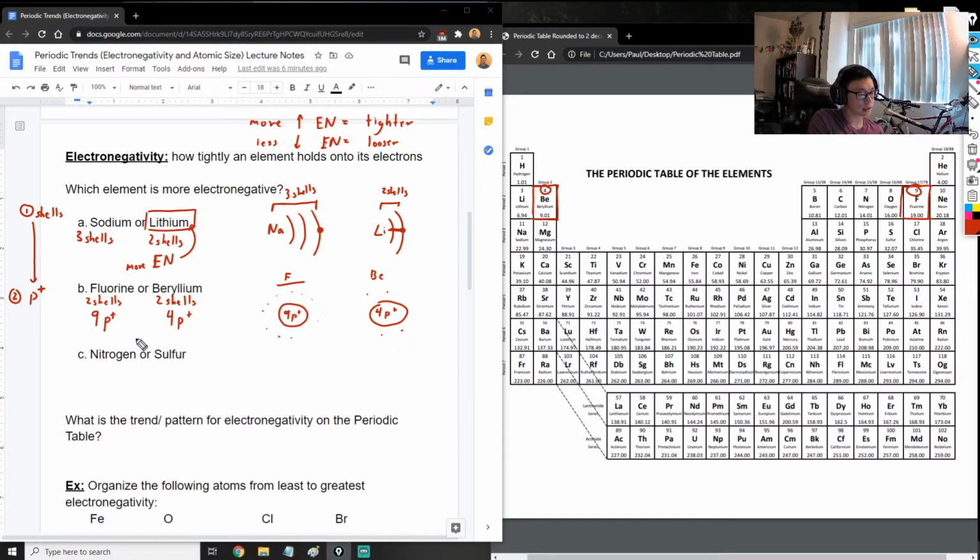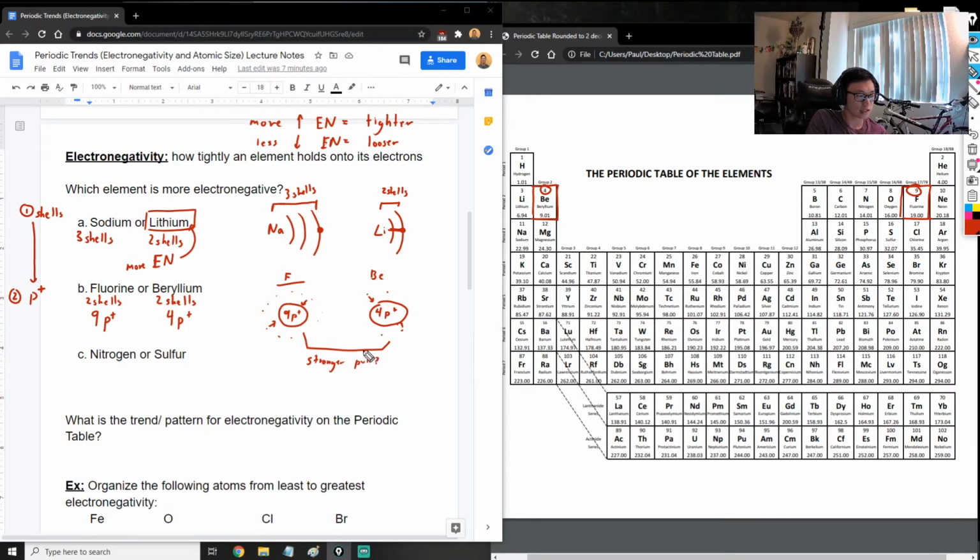So let's just think about this logically. We know that the shells are the same, so the electrons are about the same distance. We learned earlier that the protons pull the electrons closer to the center, right? So if we take a look just at the numbers, which atom do you think has a stronger pull in the middle?